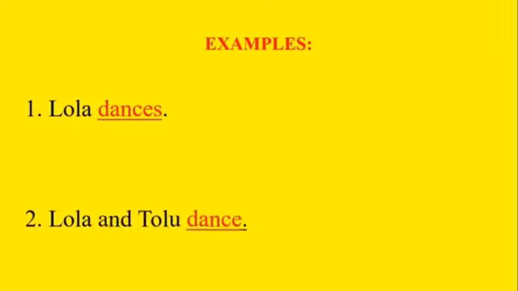Let's look at some examples. Lola dances. Lola is the subject here. Dances is the verb. This verb agrees with Lola because Lola is a singular subject. Therefore, dances, which is also a singular verb, agrees with a singular subject.